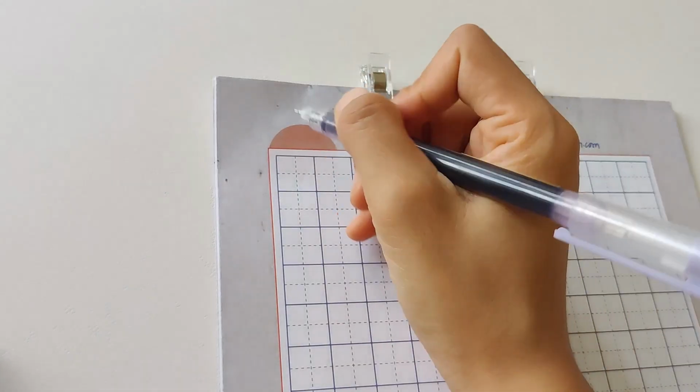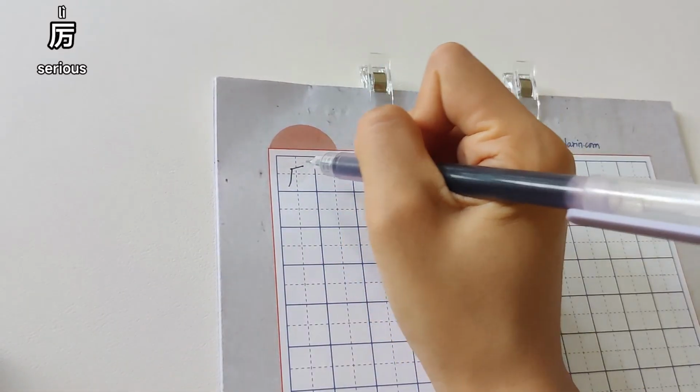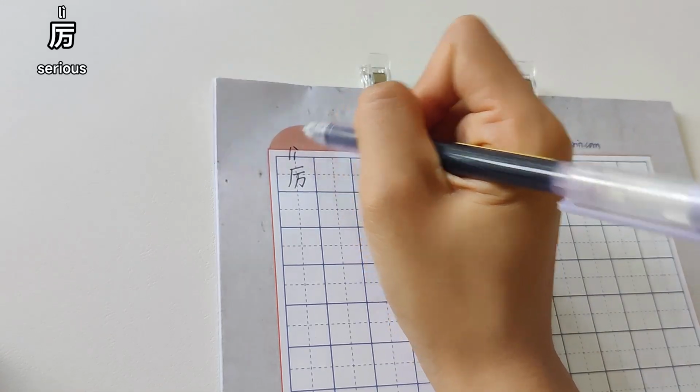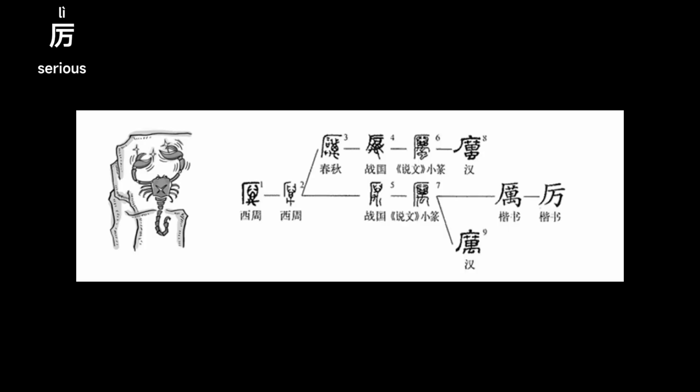Next example. 厉. Here is the evolution of the character 厉. The original form of it means a scorpion under the cliff, which refers to the mountain cliff being as dangerous as a scorpion.